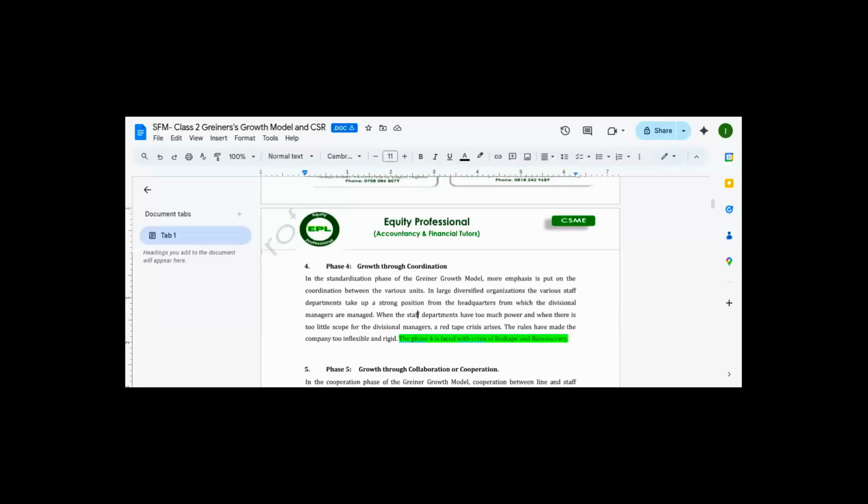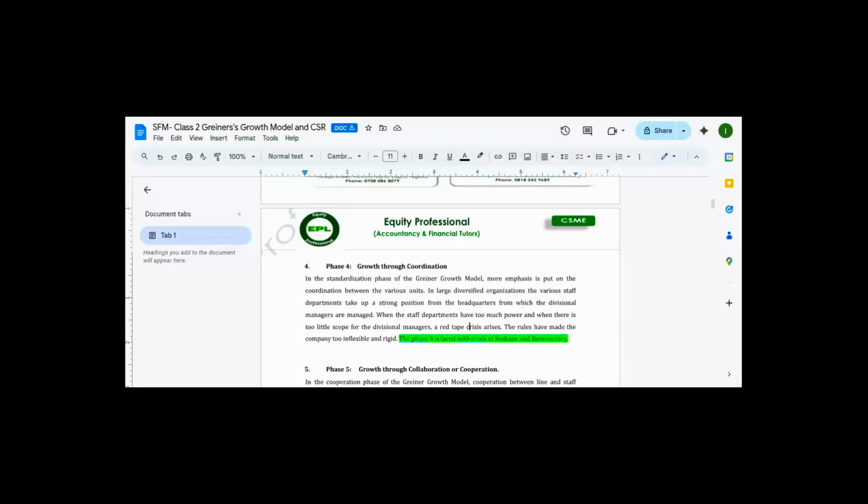In phase 4, to ensure proper coordination and alignment with the organization's vision and mission statement at various divisional units, the company puts a lot of rigid procedures in place. And that rigid procedure is what we call red tape or red tapeism crisis.